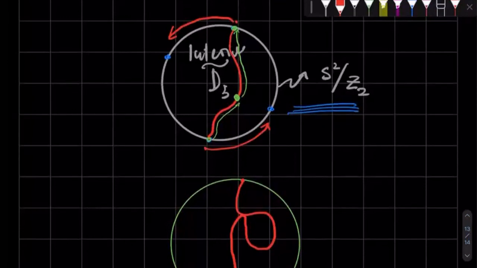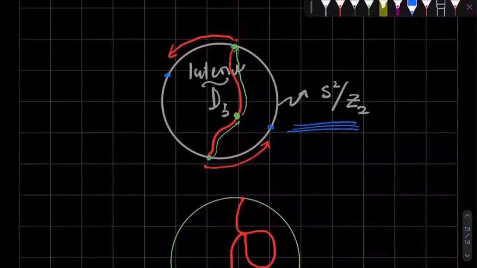So here we have an example of a curve which cannot be shrunk to a single point. But there's another kind of curve, and this curve can always be shrunk to a point. We have another curve which comes out of this point and goes here, but this point has an antipodal point here, so it comes out there and goes over here.